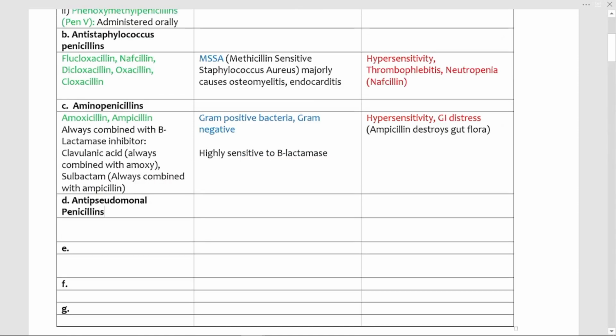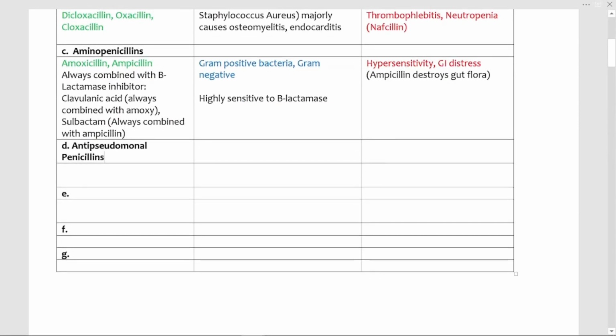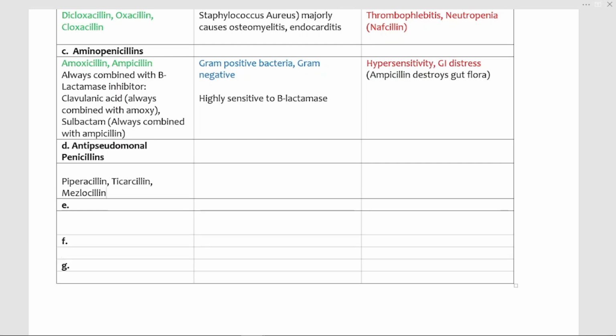These ones were majorly made to deal with Pseudomonas aeruginosa, and they are very effective against it. Examples of these drugs are piperacillin, ticarcillin, mezlocillin, and also azlocillin.